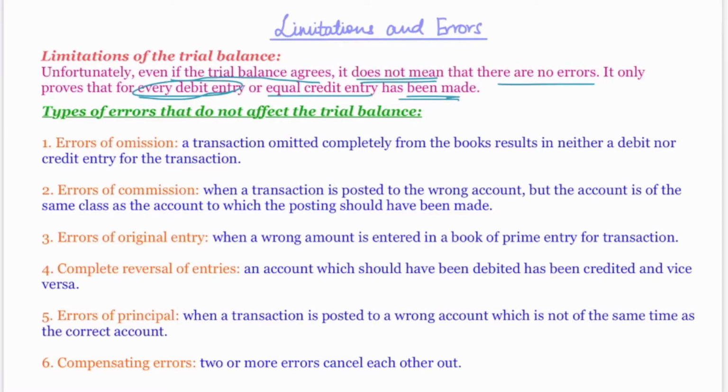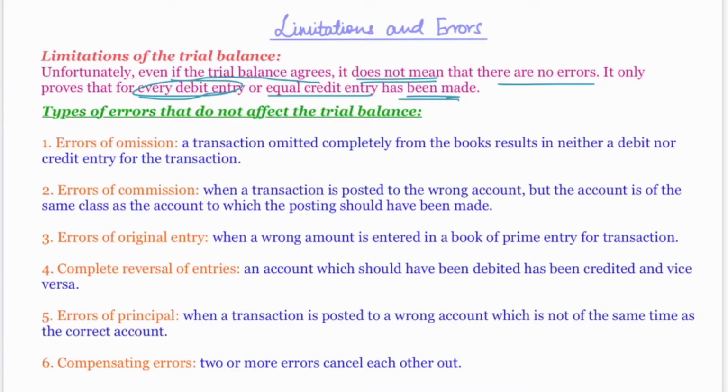Now this becomes problematic because you see that you have followed the steps and posted all the right things correctly, but still there are errors which you can't even see because they don't affect the trial balance. And so it is very important to understand and take note of these errors.